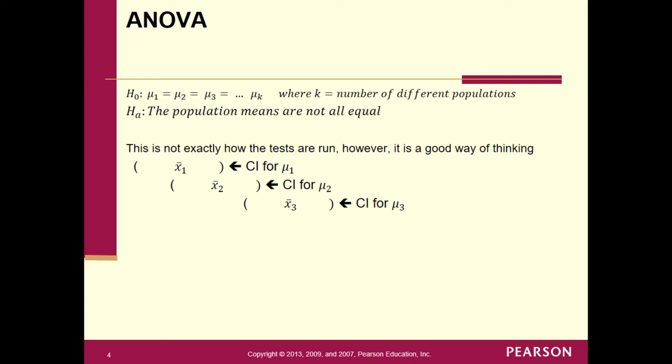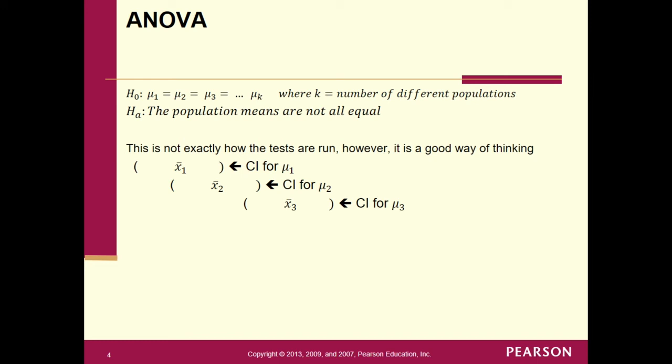Now, this is not exactly how the tests are run. However, it is a very good way of thinking about it. Let's say that you had a confidence interval for mu1 that you made by just going ahead and taking the data from the first sample and making a confidence interval based upon x bar 1. And then you made a confidence interval for mu2 based upon x bar 2.